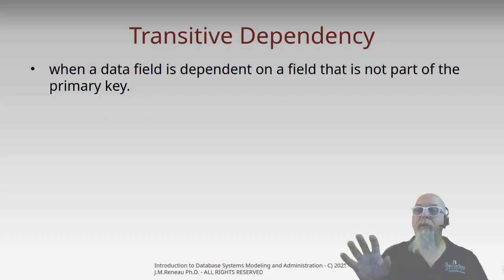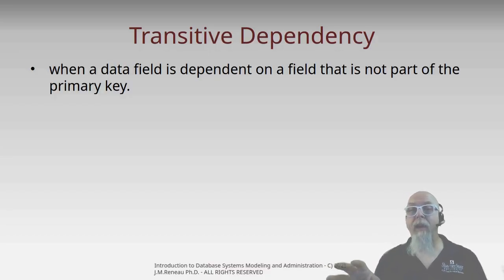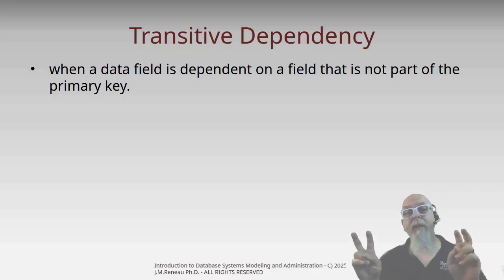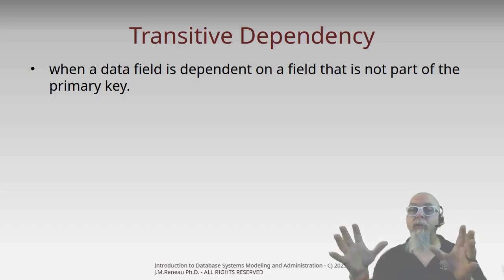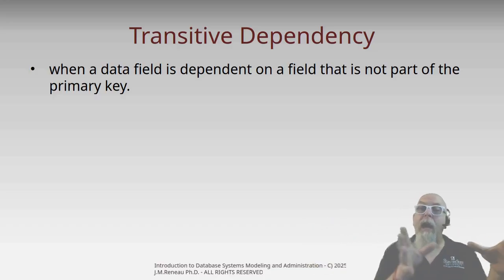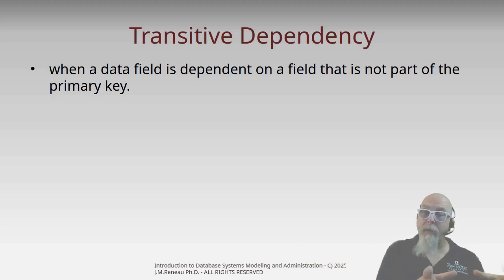So before we jump into third normal, I want to define what a transitive dependency is, because I'll be using that word a lot in the next slide. A transitive dependency is when a data field is dependent on a field that is not part of the primary key. So for instance, we brought all the customer information out into a separate table, but we have state abbreviation and state name.